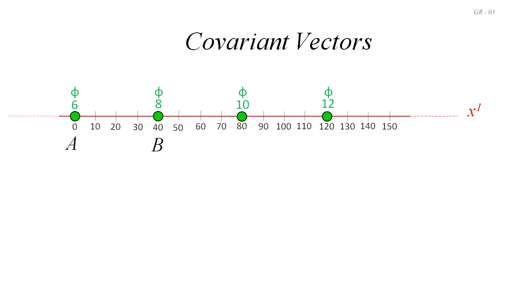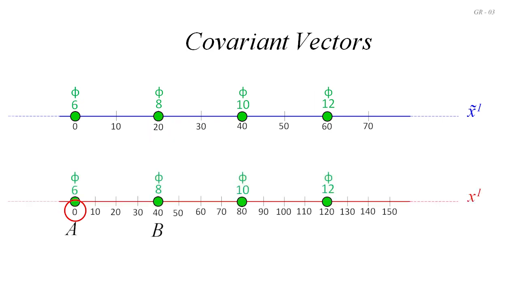The various points in space would keep their same gravitational potential values, but the stretched scale, which we'll now draw in blue for measurements of x1 tilde, would look like this. Notice that the 6 and 8 are in the same place in the space, but they are being measured differently. They're now being measured to be at 0 and 20 blue units instead of 0 and 40 red units.